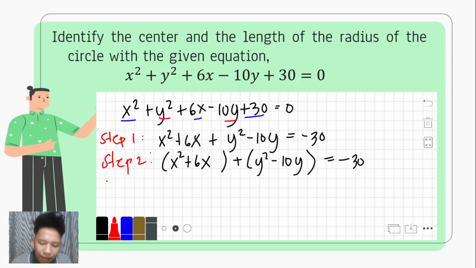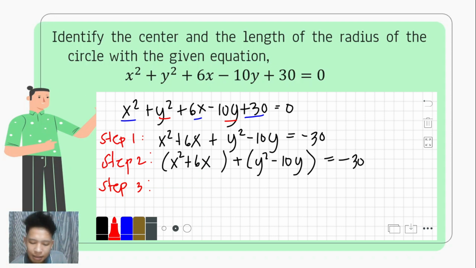So that would be our step 3. And in completing the square, if you still remember, what we're going to do is to divide the middle term by 2, and then you have to square it. So that's how we complete the square.